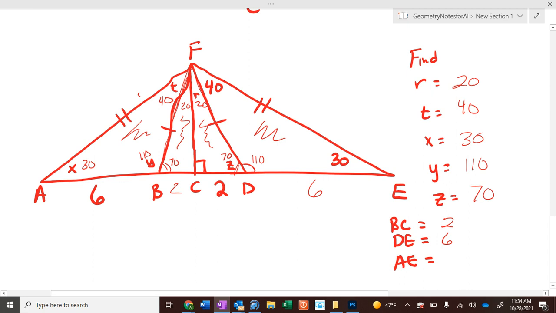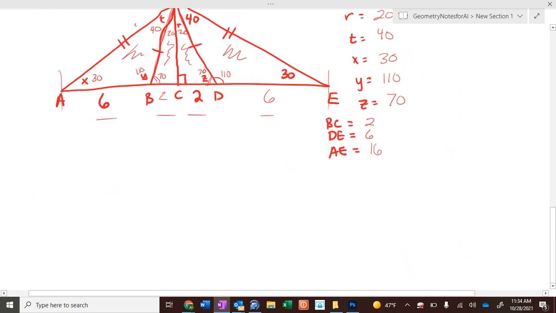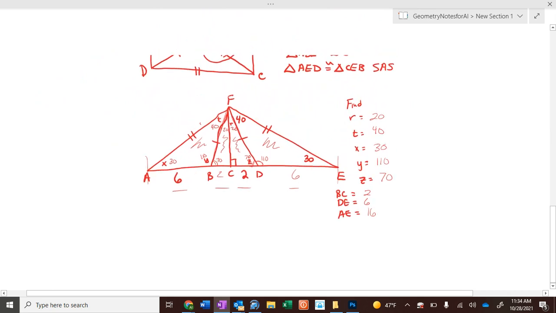How long is AE, that whole length there? No, the length from A to E. 6 plus 2 plus 2 plus 6. 16. Very good. Okay? That's the basics.